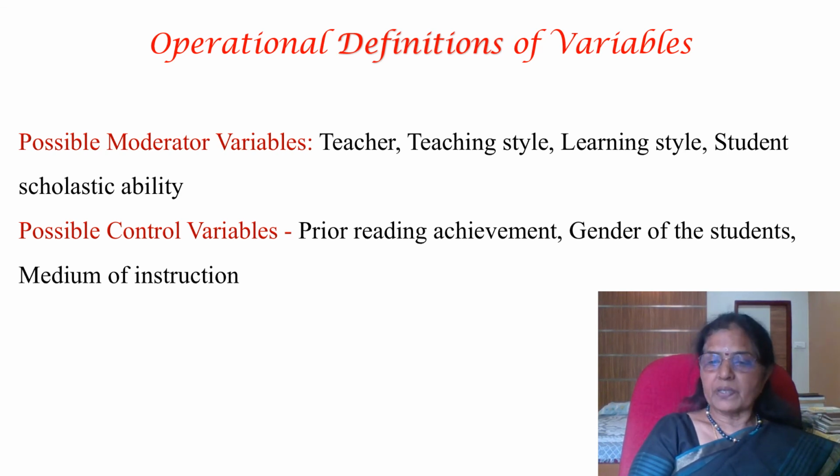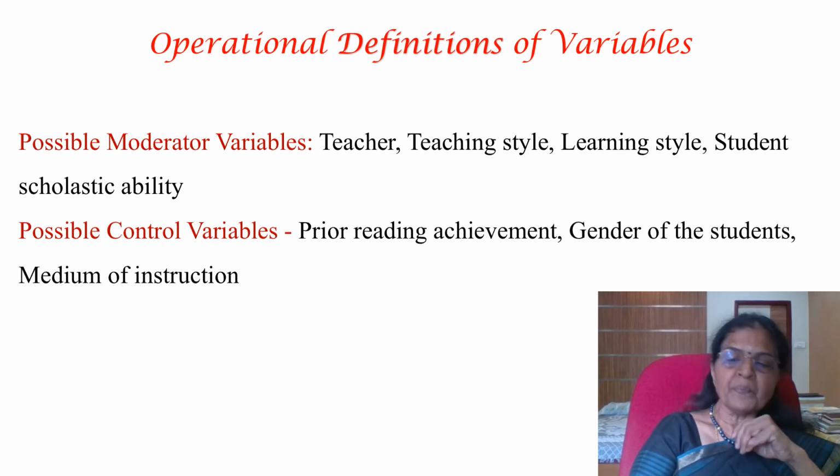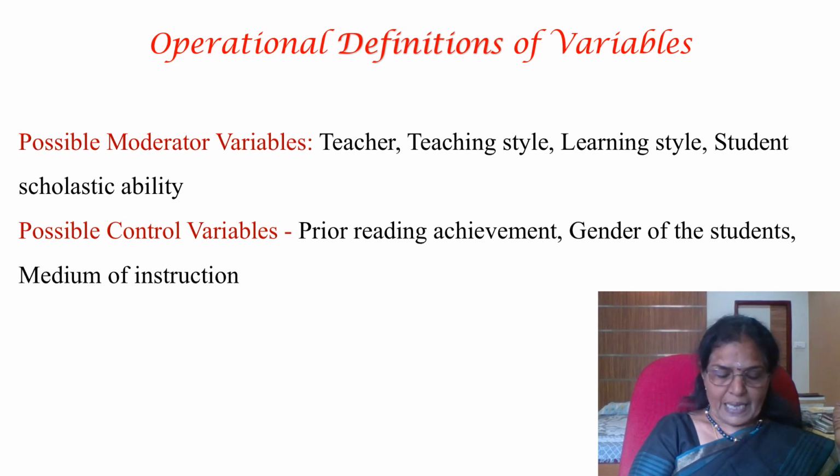And also the medium of instruction could be controlled by the researcher by taking English as the medium of instruction for both the groups, or Tamil as the medium of instruction for both the CCC group and SSS group. And also how could he control the variable prior reading achievement? He could select students of the same cadre who have the same reading achievement score in a previous test. So that way he could control by means of the design.